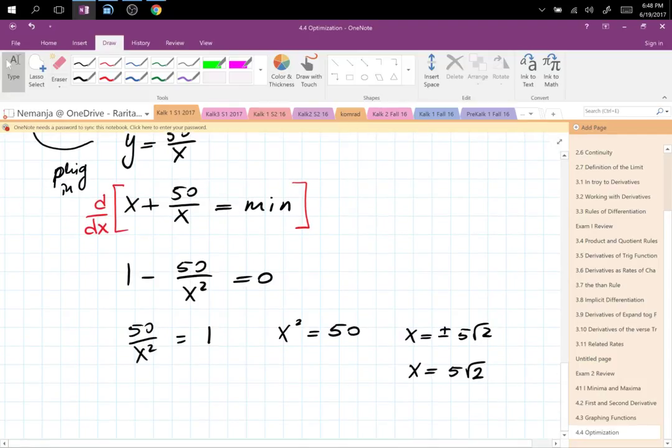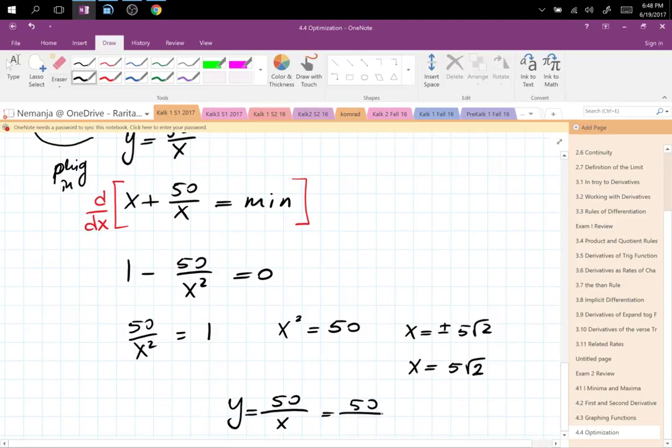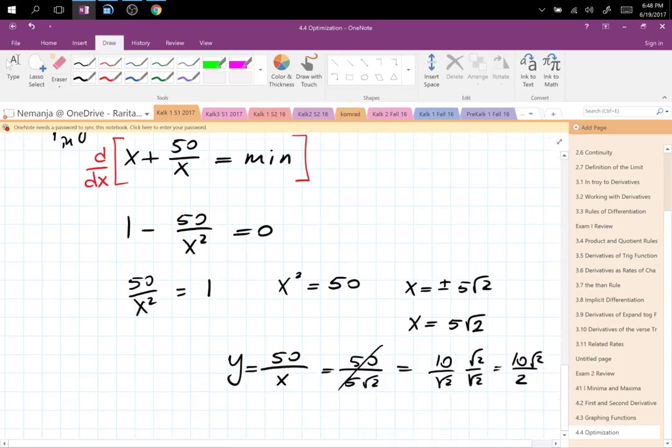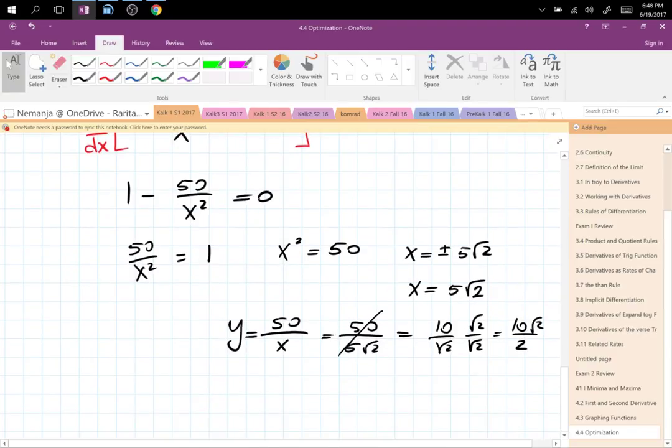And then we have that y is equal to 50 over x, which is 50 over 5 root 2, which is 10 over root 2. We rationalize that, and we get another 5 root 2. So again, we got x equals y equals 5 root 2. Again, same values.